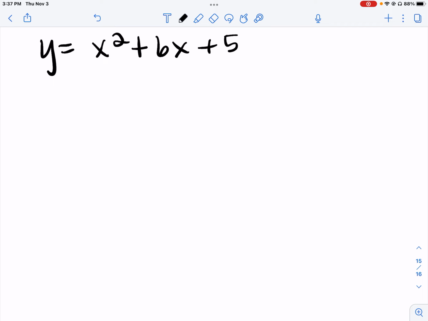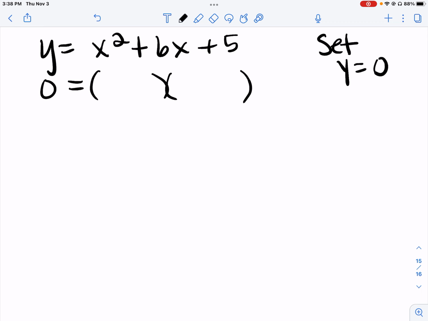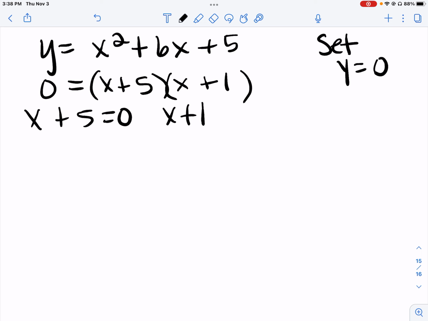To find the intercepts are when y equals 0. So we factor, multiply to 5, add to 6. Solve for x. -5, -1.